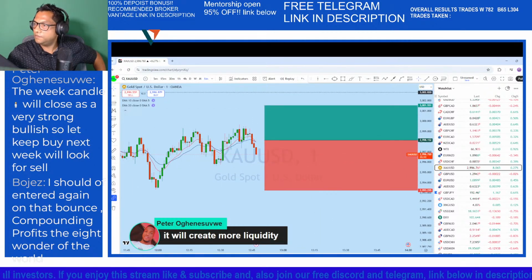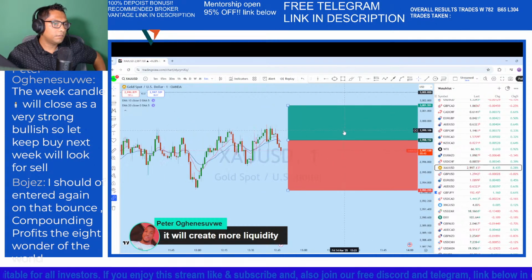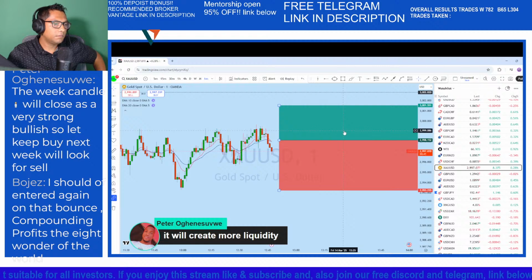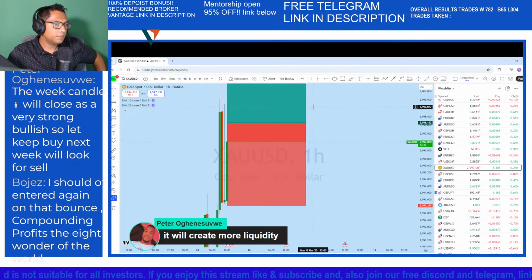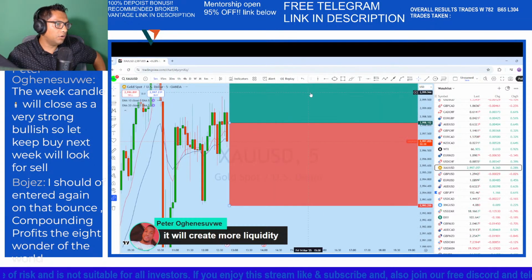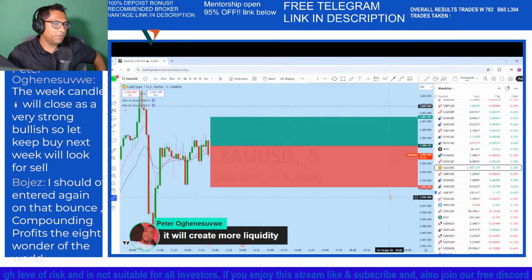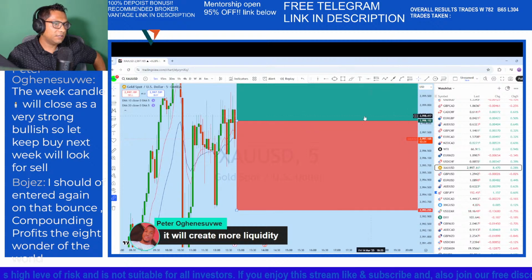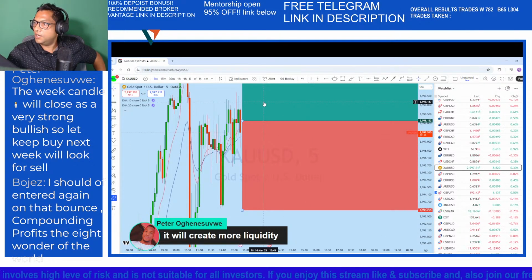There is a rejection, and so there is a rejection from the top, and with that rejection we might see that the price is, let's wait to see how it is reacting to that level.